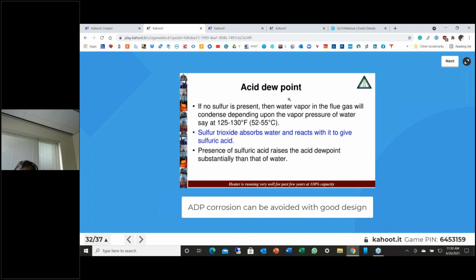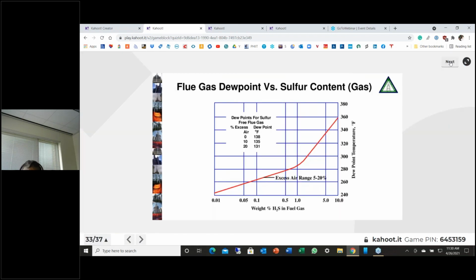But what happens is sulfur burns and forms sulfur dioxide, and some part of it gets converted into sulfur trioxide, which reacts with water to make sulfuric acid. And the presence of sulfuric acid raises the acid dew point substantially, almost by 120 degrees or 150 degrees. So once that happens, the sulfuric acid starts condensing and we have corrosion problems.